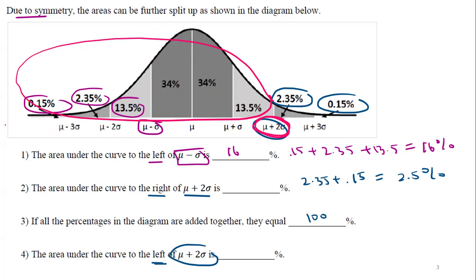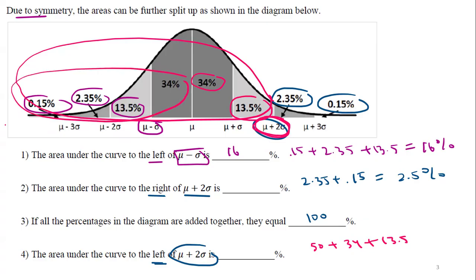So I can do 50 plus the 34, plus the 13.5, because all of this added together is half of the graph. That's 50%. So when we add those, we would get 97.5%.